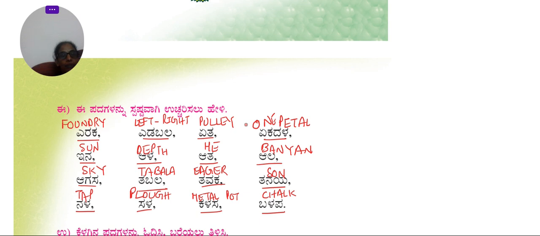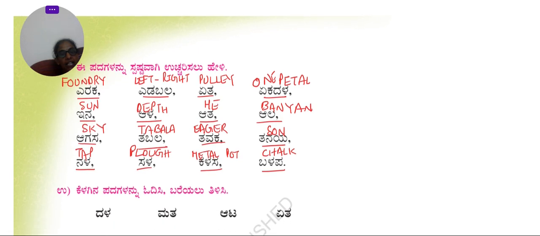Nala, tap. Sala, plow. Kalasa is a metal pot. Usually when you do puja, you will use that pot. That is Kalasa. Then Balapa is a chalk. So these are all the words you can form using the alphabets from this lesson as well as all the previous lessons.